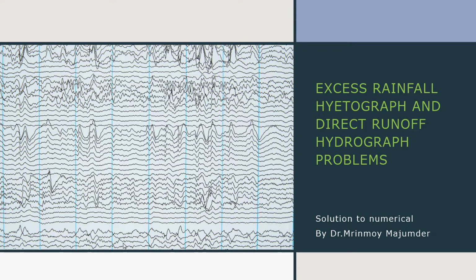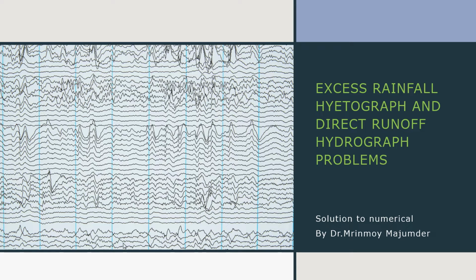As all of you know, direct runoff hydrograph is a hydrograph minus base flow, and if you multiply area with this effective rainfall hyetograph, or excess rainfall hyetograph, then you will get DRH, direct runoff hydrograph.